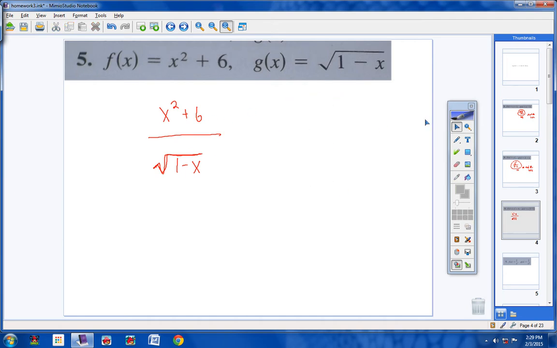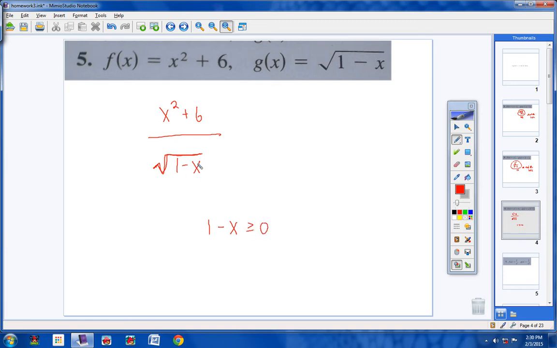So, the numerator, there's really nothing special about the numerator. There's no fractions in the numerator. There's no square roots or anything like that. So to be honest with you, the only thing we have to worry about for the domain is my denominator. Now first of all, in a square root, your 1 minus x must be greater than or equal to 0.